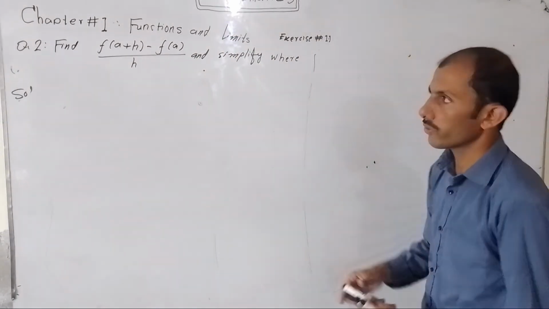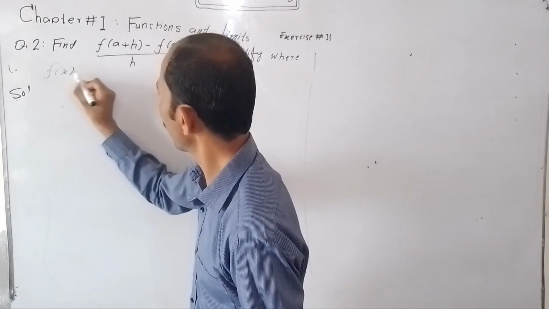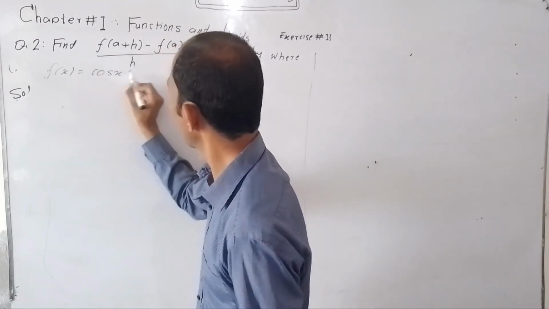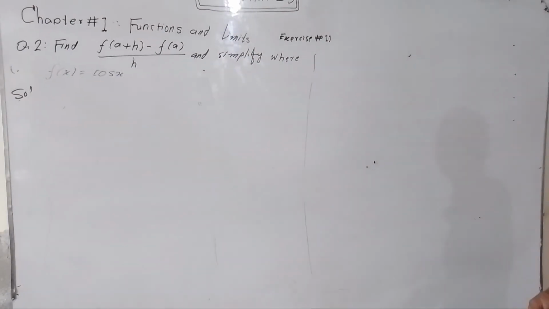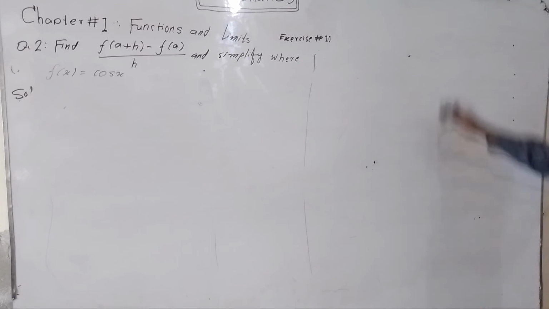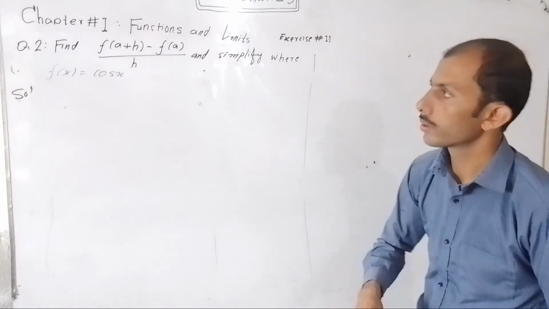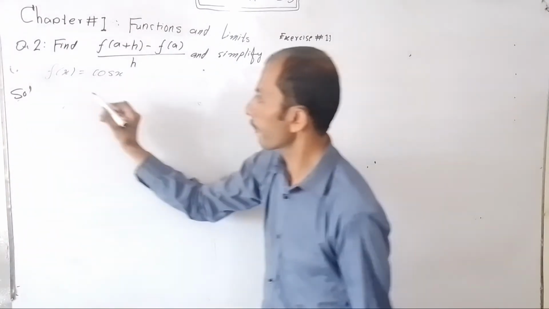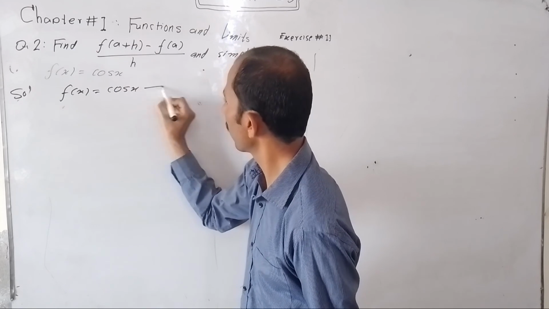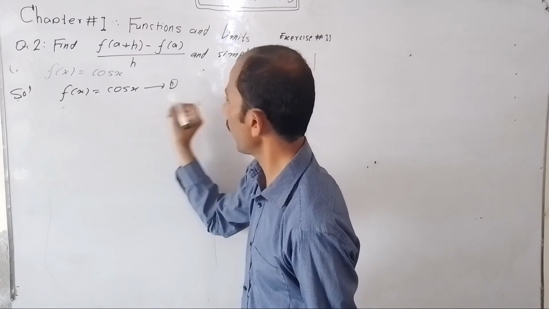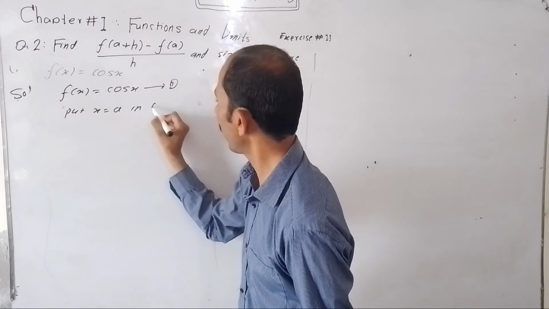Part 4, f of x is equal to cos x. First, as it is, equation number 1, put x is equal to a in 1.